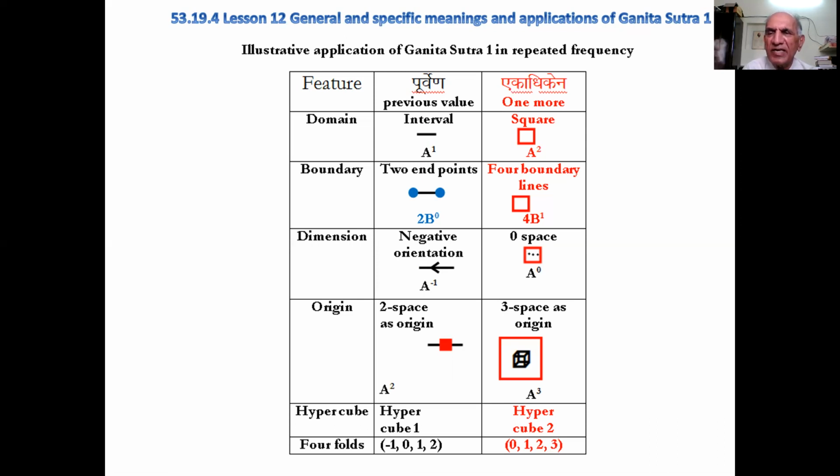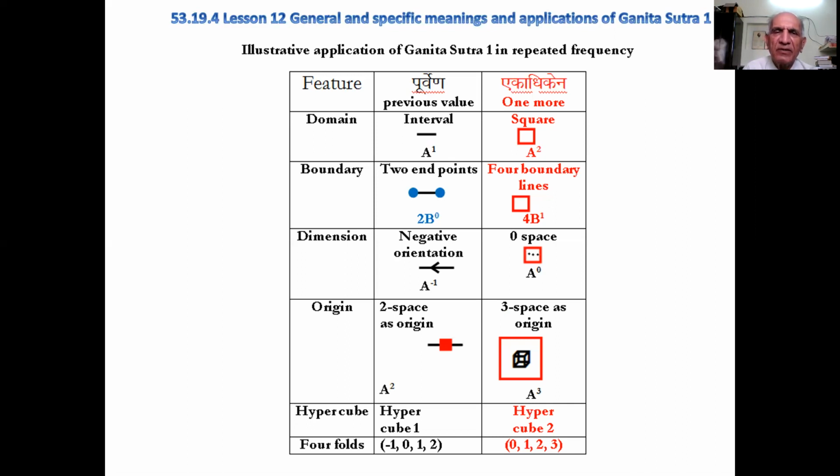One shall chase this tabulation thoroughly, step by step. Illustrative application of Ganita Sutra 1 in repeated frequency is being taken up here. It is being taken up in respect of different features of the same pair of entities.